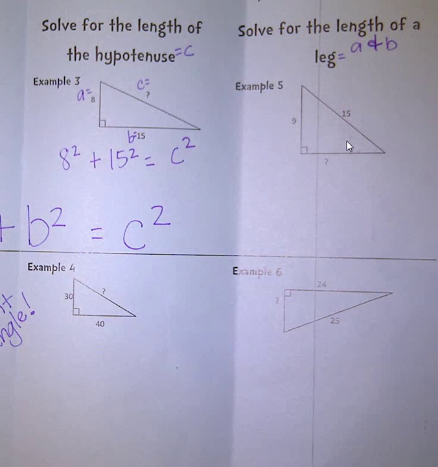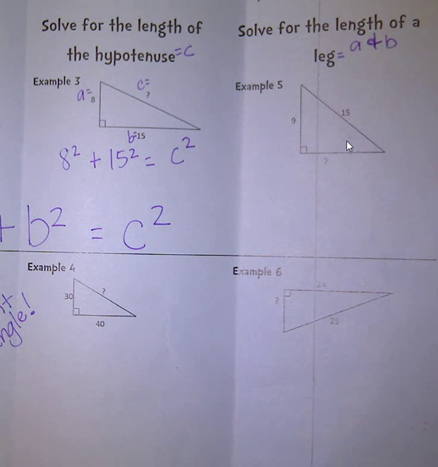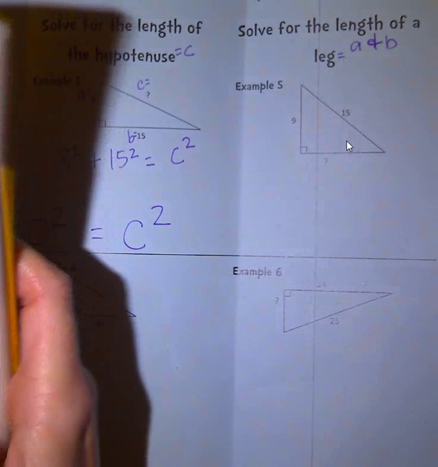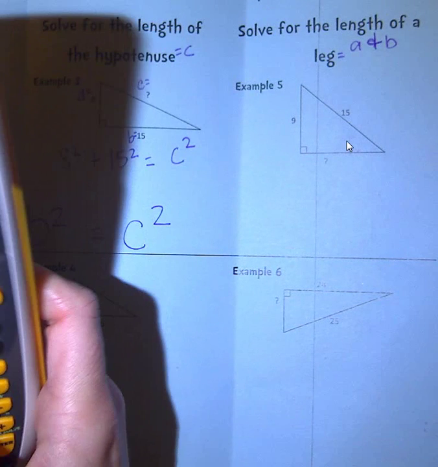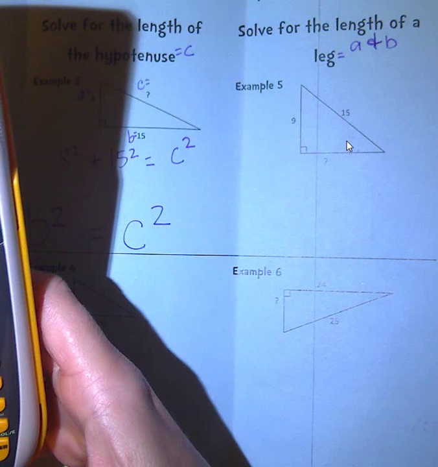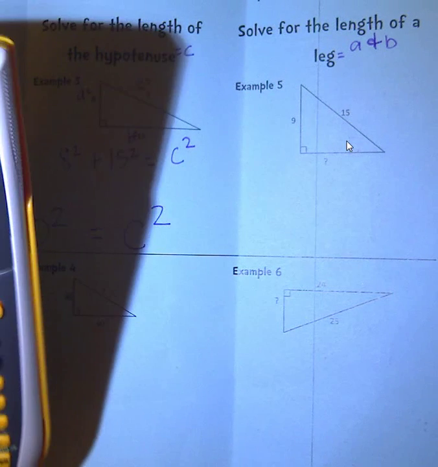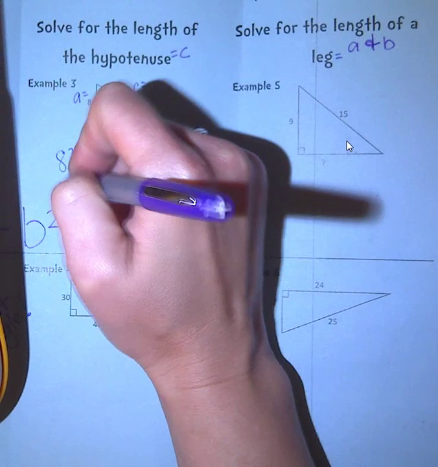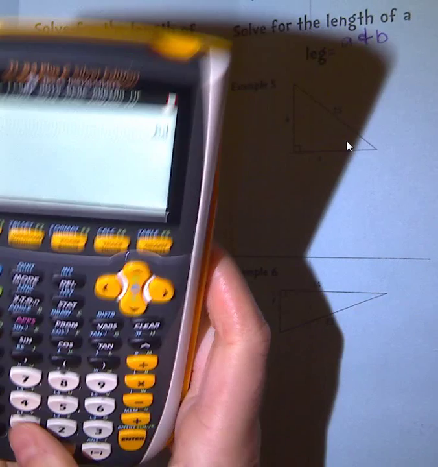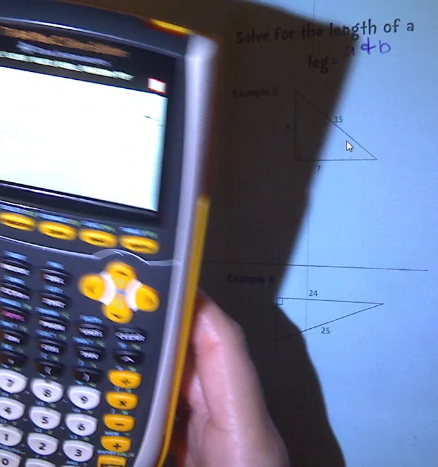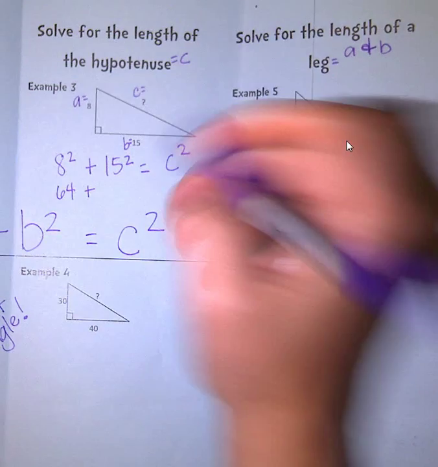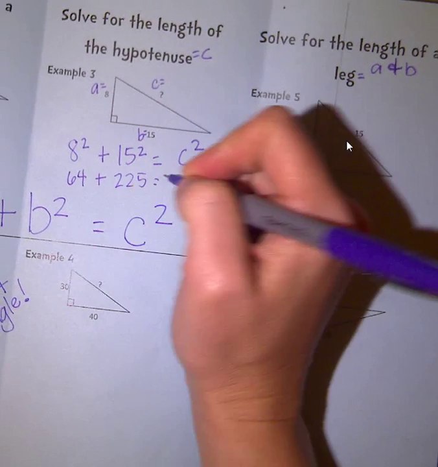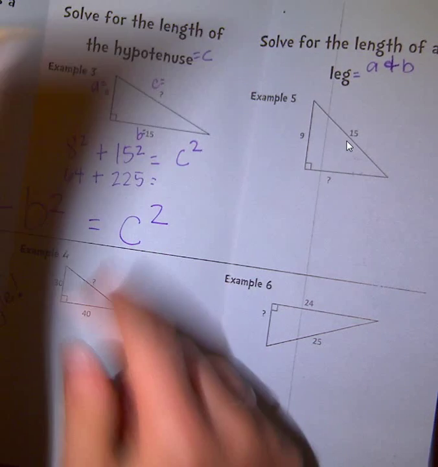Okay, so in my calculator, to save time, okay, low battery, so let's see, 8 squared is 64, okay, plus 15, remember that x2 is a little shortcut for squared, x2, 15 squared, is 225, okay, so now we need to add those two up.